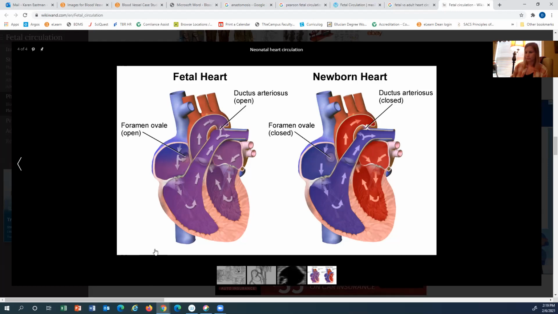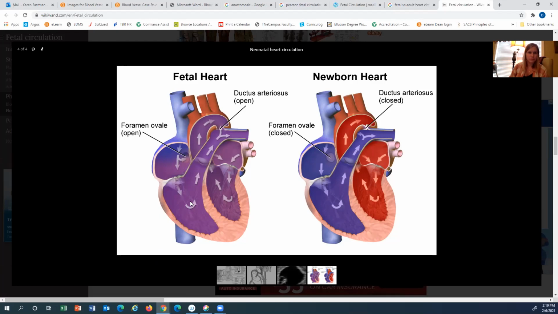And from the ductus venosus, we're dumping into the inferior vena cava, which travels up and gets us into the right atrium.